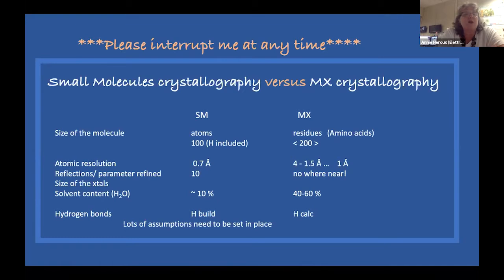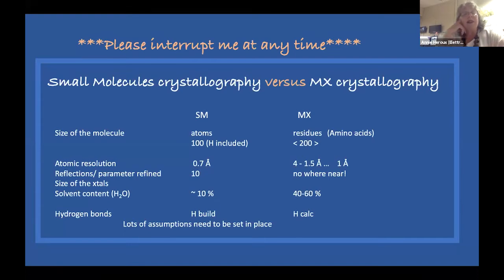The size of the crystals can be comparable, but one of the big differences is the solvent content, so how much water is included. All the solvent water will not be ordered, so you will have a lot of empty space inside your structure, the solvent region, and basically less contact with all the other atoms at the surface.